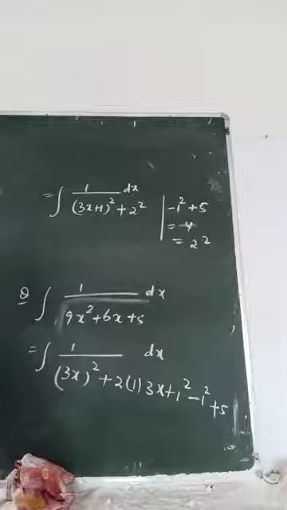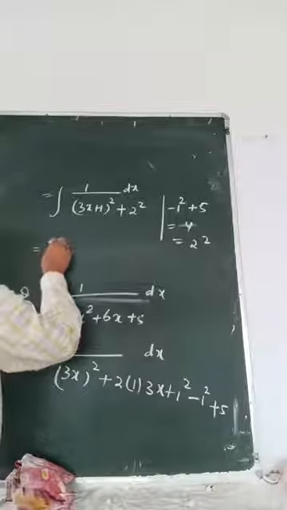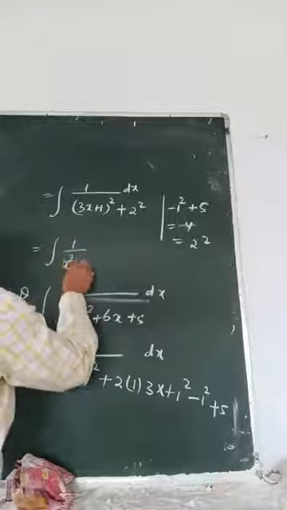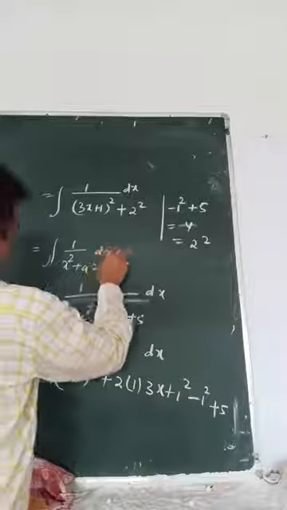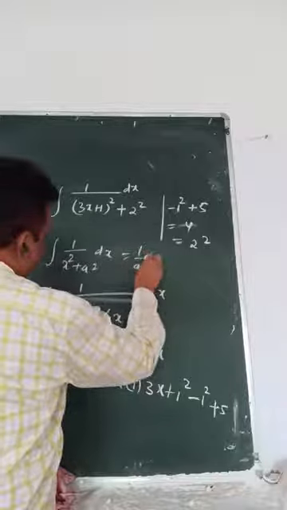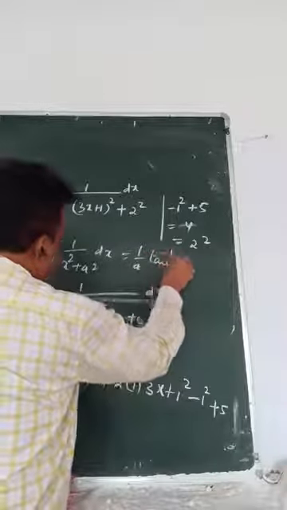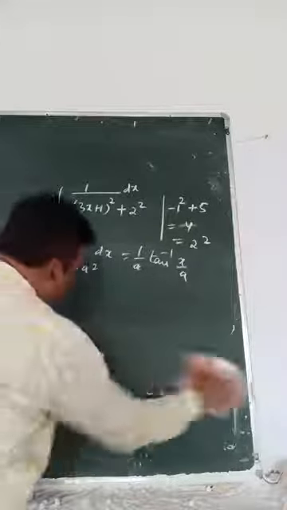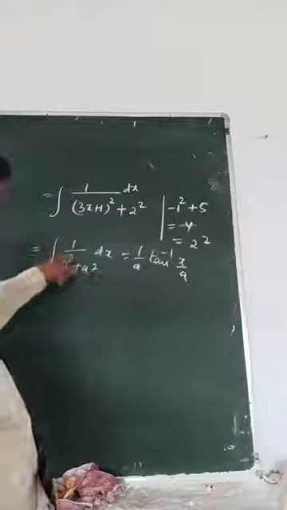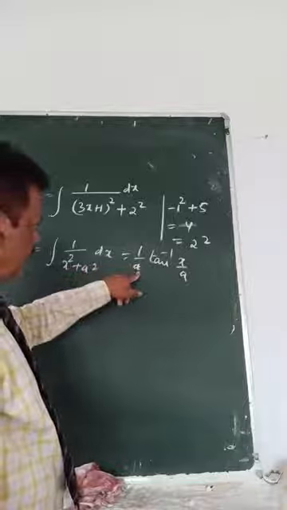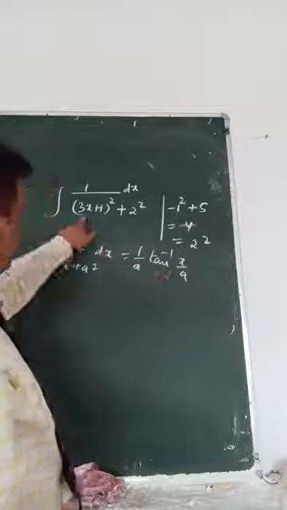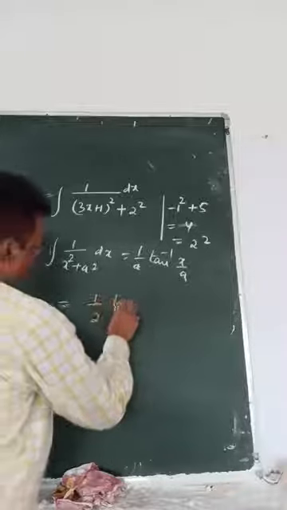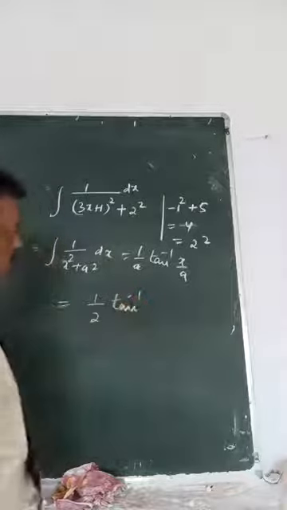The formula here will be: integral of 1 by x square plus a square dx is 1 by a tan inverse x by a. 1 by a means 1 by 2. So 1 by 2 tan inverse x by a.